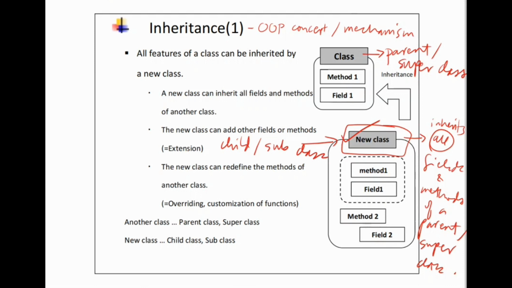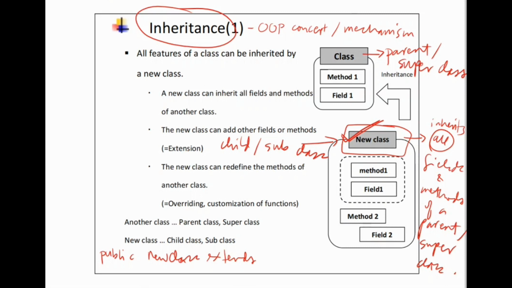How do we define the new class so that we employ inheritance? We do so by saying, say the access modifier we use for defining the new class is public. We say public, and then the name of the new class, say for example, new class is the name, and we say extends.